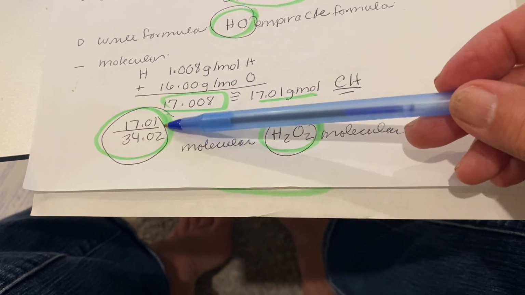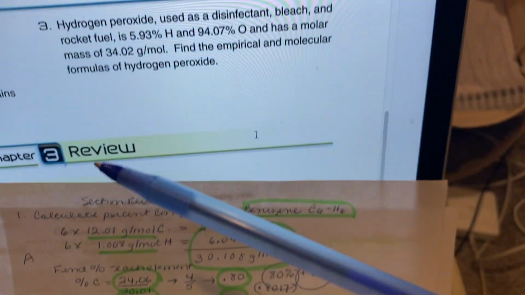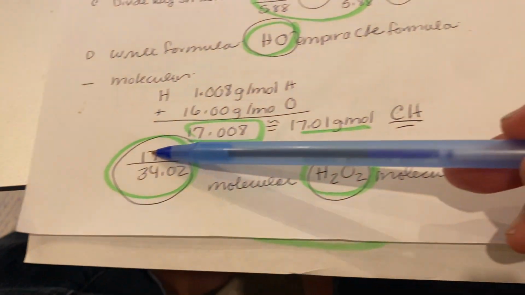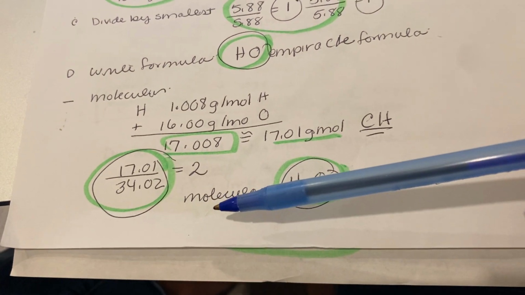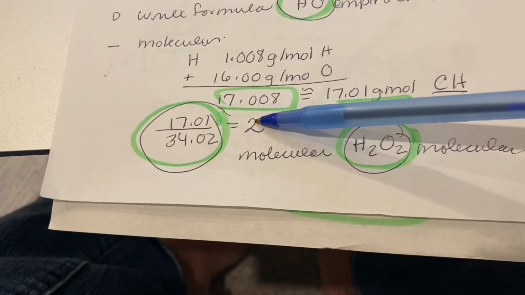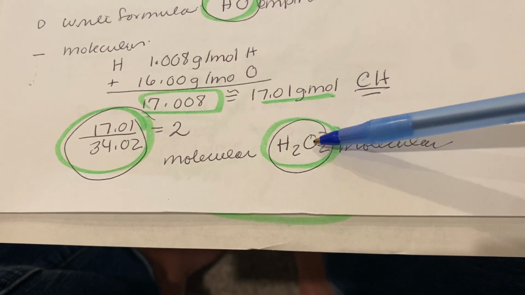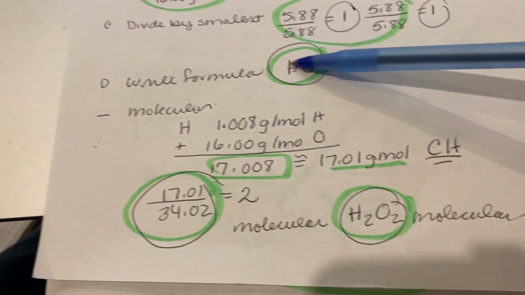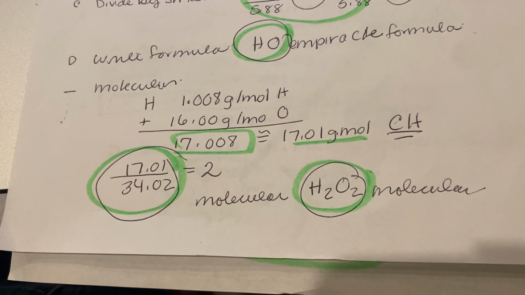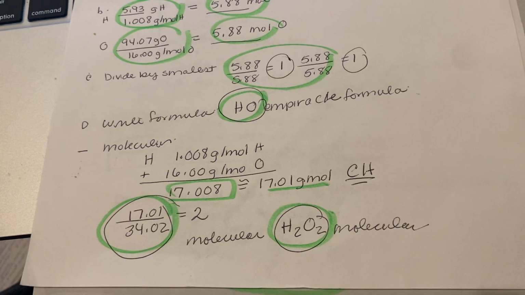So 17 divided by 34, because we have 34.02 in the question, is approximately 2. So the molecular formula is really going to be 2 times this, so H2 and O2 is the molecular formula. The empirical formula is just HO, and the other one is H2O2. So you just have to go through those steps. So that's the end of this chapter, and if you have these problems again, I will help you.